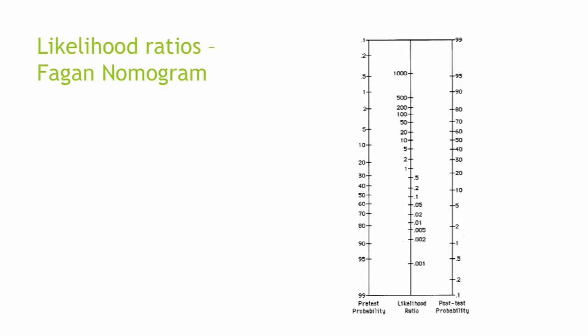A Fagan nomogram is a tool that uses the likelihood ratio to calculate a post-test probability from your pretest probability. The first column is the pretest probability, the second the likelihood ratio, and the third your post-test probability. In women who have one or more symptoms of urinary tract infection, the probability of infection is about 50%. This is our pretest probability. Let's say we wanted to be sure before we give antibiotics, so we get a urinalysis.